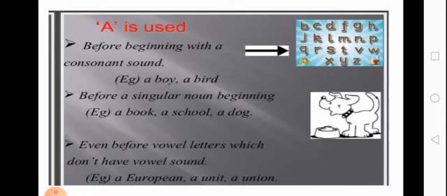When the thing is only one, and when the thing starts with a consonant sound, we will put the article a, even before vowel letters which don't have a vowel sound. It means that we will just focus on the sound, not on the letters. Look at European, unit, and union. All of them start with the letter U, but it gives the sound of a consonant. That's why we will put a European, a unit, a union.